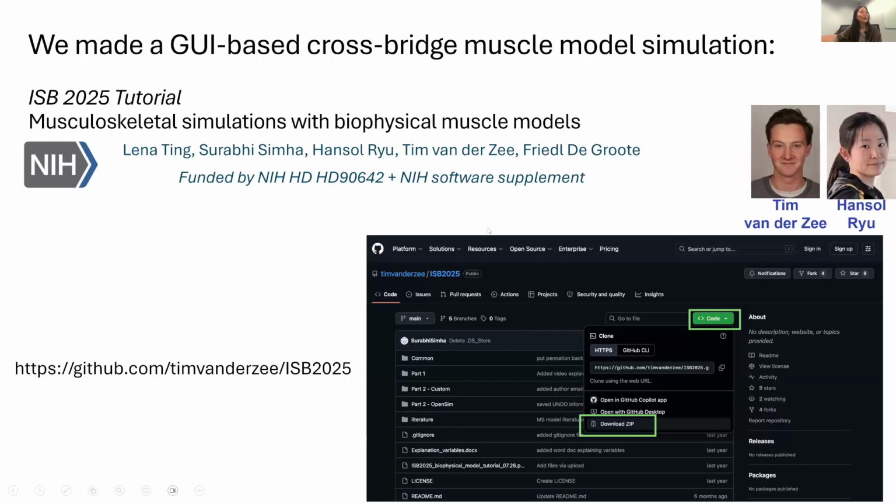So how are people doing with getting the code? Can I have thumbs up if people downloaded the code? All right. Were people able to run it? All right, let's see. Now I will share a different screen so that we can try it out.